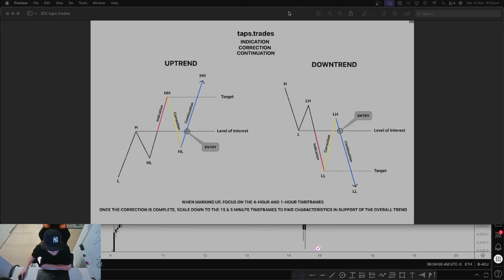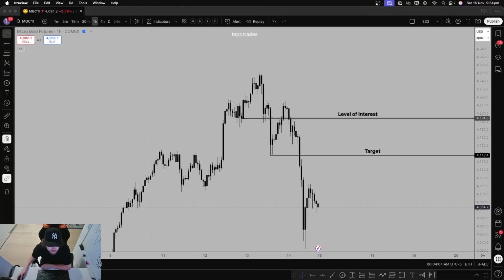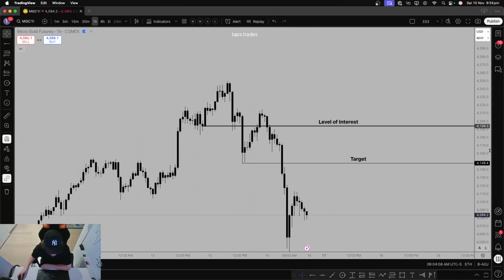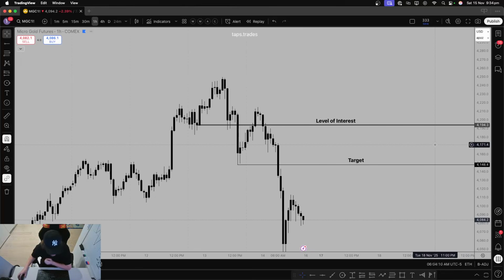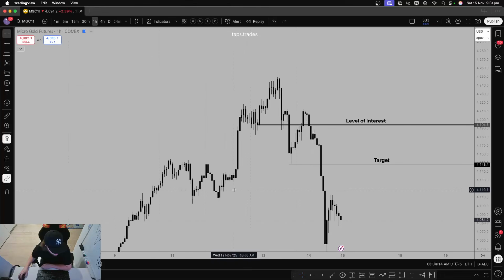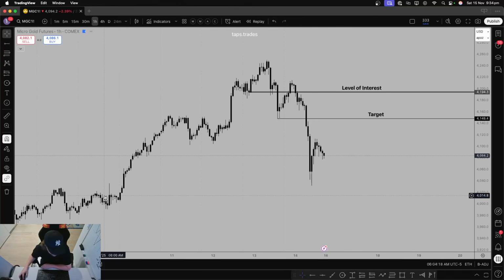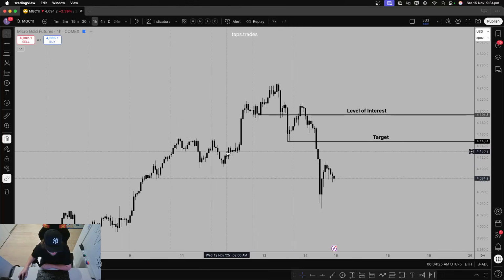So let's run through the other opportunity that was available on gold. I've just pre-drawn this so it's a little bit easier and we can run through it a bit quicker, so I don't bore you guys. If we look at what transpired, we can see that the market for this point in time has just been creating higher highs and higher lows, which means that price has been in an uptrend.